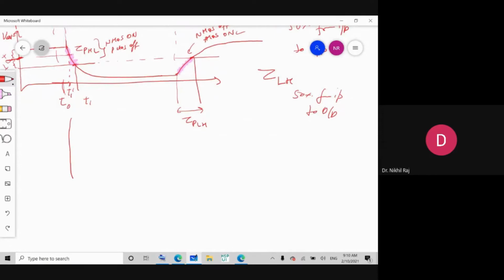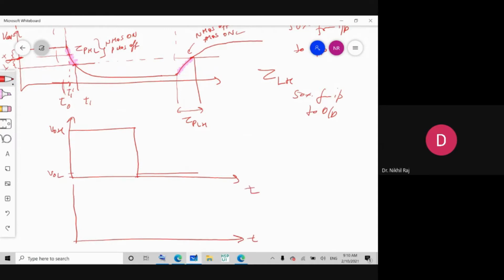Once again I will redraw this low to high transition diagram, assuming my input goes from high to low. So this is the ideal input here. This is VOL, this is VOH, this is the time axis, this is V in, and this is V out.